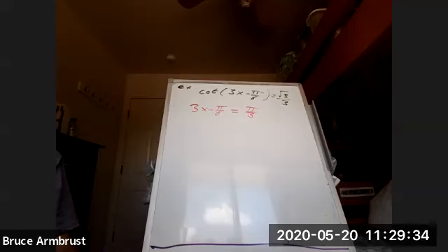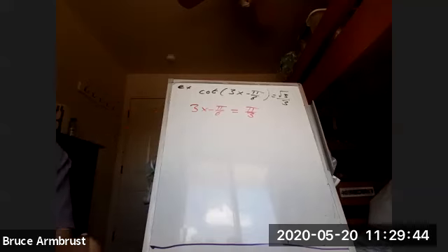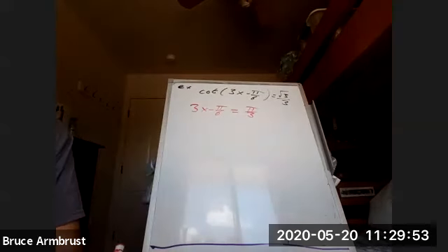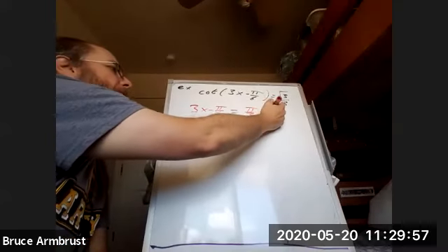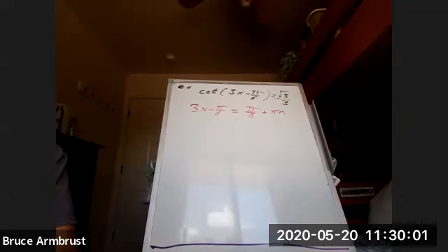because what we need to look for again are all of the solutions in one period and then add multiples of that period. And cotangent, since its period is pi, we only have to find numbers between 0 and pi that work. So this is the one and only angle between 0 and pi where cotangent is root 3 over 3. And so then what I'm going to add on to it is pi times n.